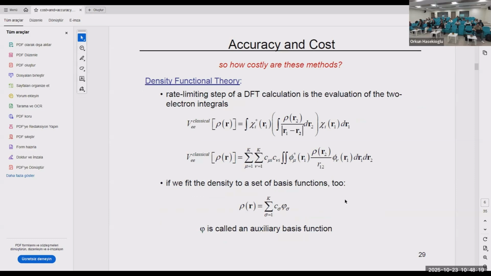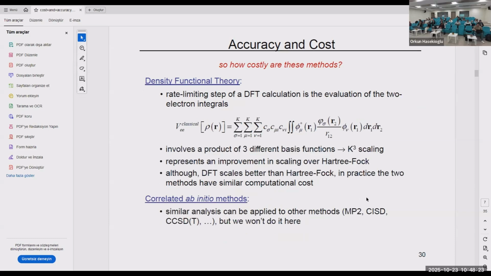And these are the auxiliary basis functions, right? So it represents an improvement in scaling over Hartree-Fock, but although DFT scales better than Hartree-Fock, in practice, the two methods have similar computational costs.